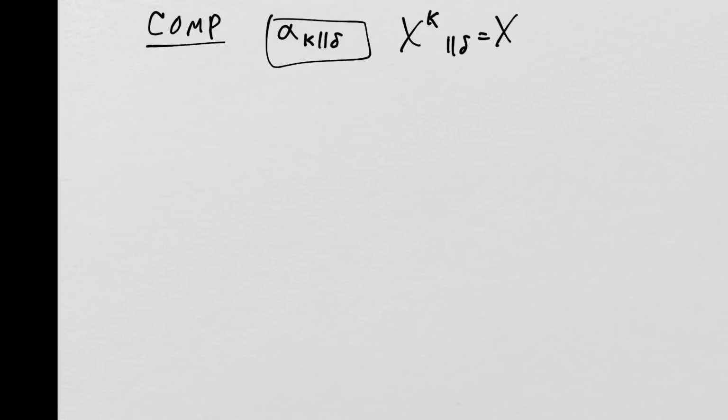We know that. That's going to be x kappa partial delta plus gamma kappa alpha delta x alpha, right? I think that's it.